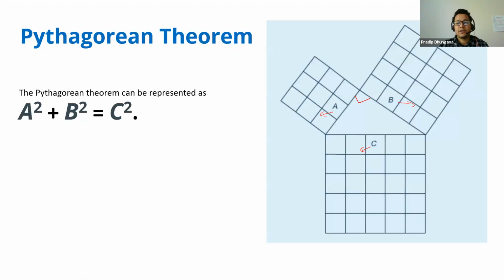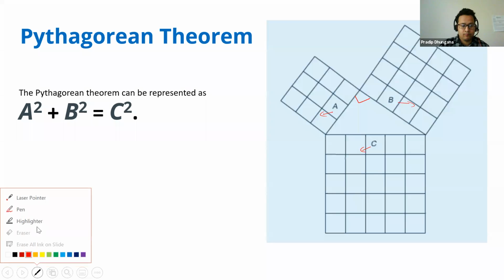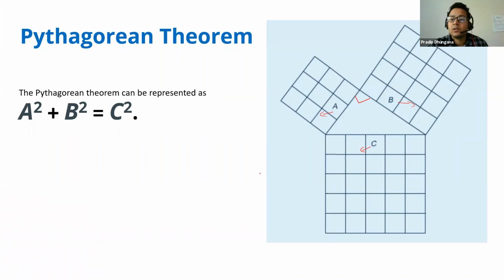If we have a right angle triangle, as you can see on the screen, let me write it. Here C is your hypotenuse, and A and B are the other two sides. One is opposite and another is adjacent.